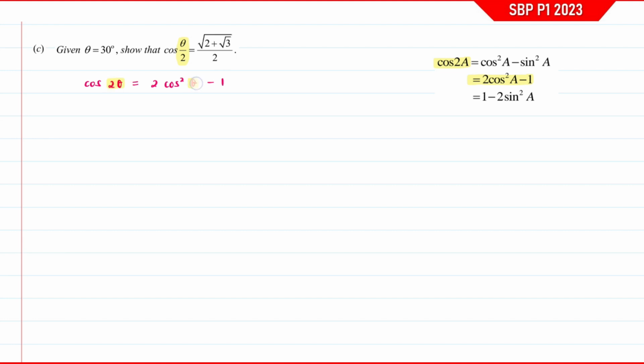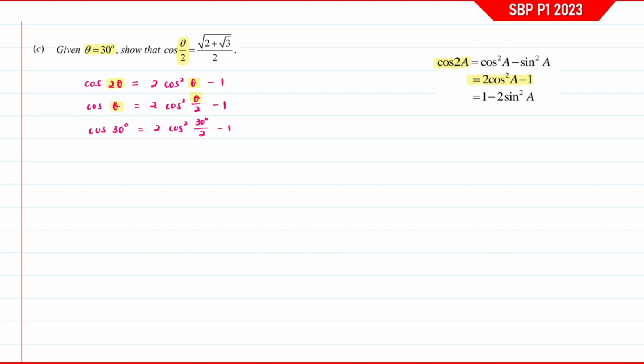So when the angle is half, then the formula will be cos theta equal to 2 cos square theta over 2 minus 1. So now we're going to substitute the theta equal to 30 into the theta here. So it will be cos 30 degree equal to 2 times cos square 30 degree over 2 minus 1.